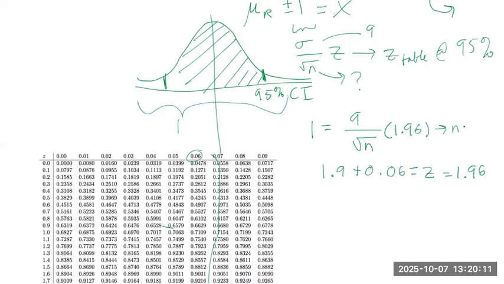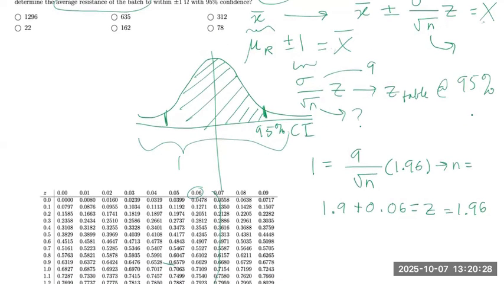So n is equal to 9 times 1.96 divided by 1, and square that, which will give us around 312.